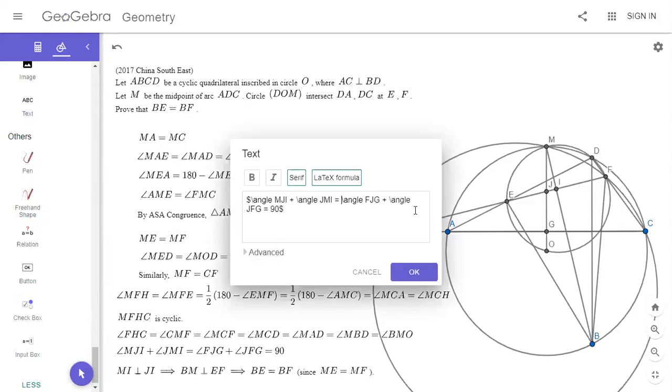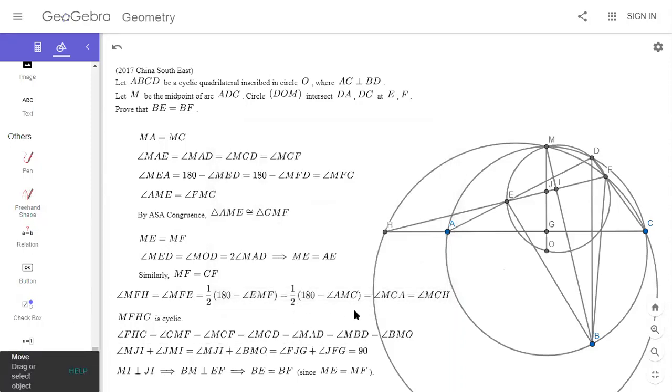One more step: JMI plus MJI is angle BMO, just because I'm OCD.